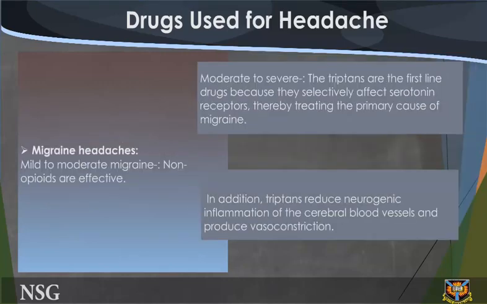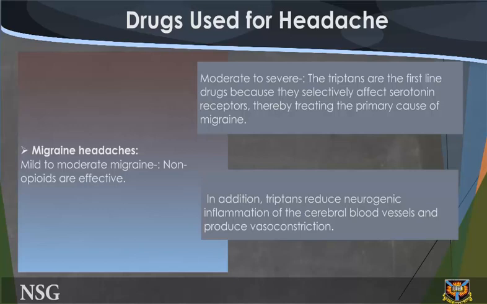Migraine headaches. For mild to moderate migraine, non-opioids are effective. For moderate to severe, the triptans are the first-line drugs because they selectively affect serotonin receptors, thereby treating the primary cause of migraine.